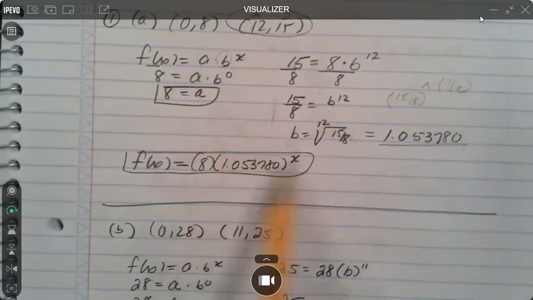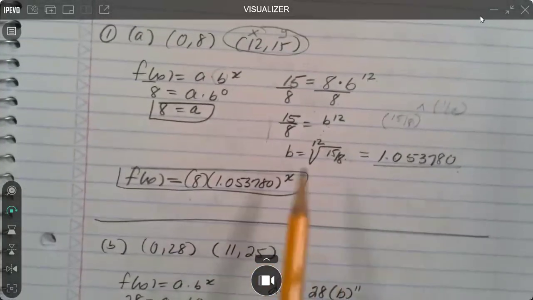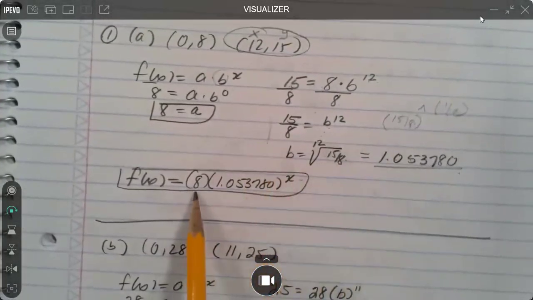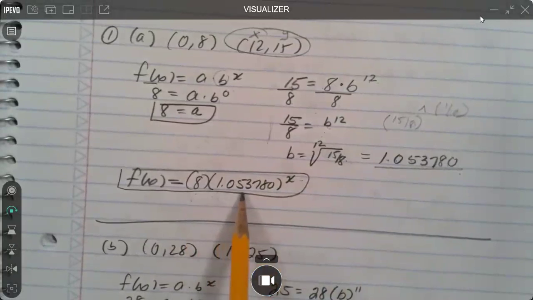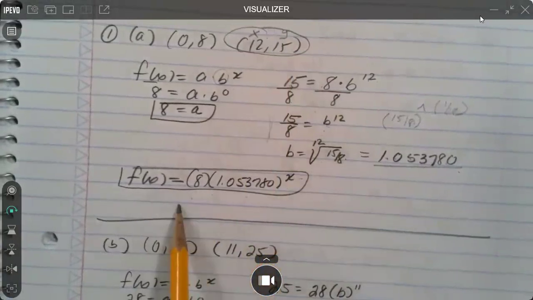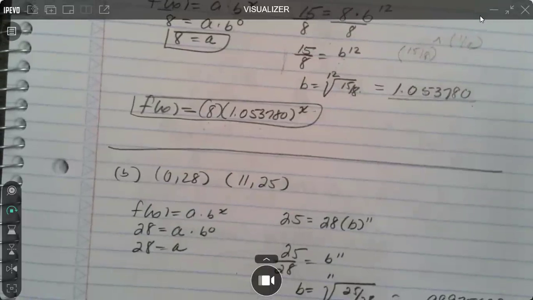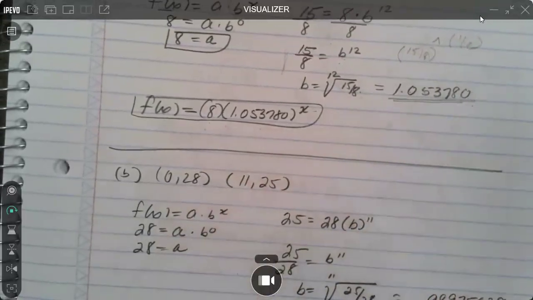You got the a, you got the b, there's your function. You can always try out to see if it works. If you use your calculator, just go 8 times 1.053780 caret to the 12th power, and you should get almost 15. You won't get exactly 15. You'll probably get 14.999 because of the fact this was still an approximated answer.